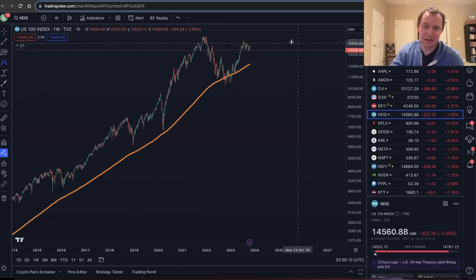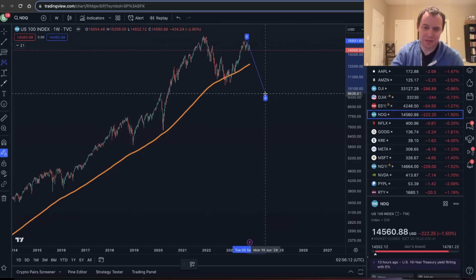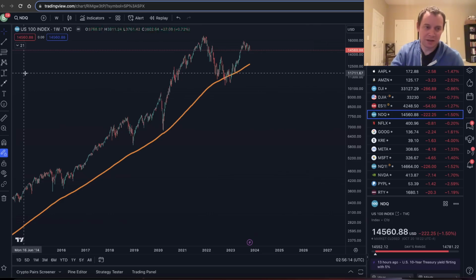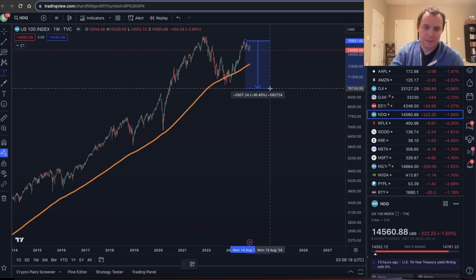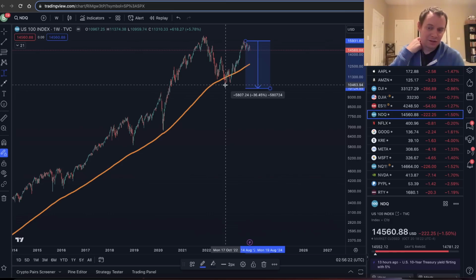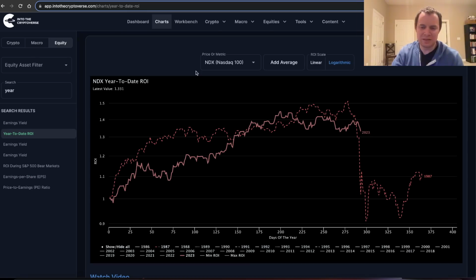If the NASDAQ were to drop 36% from these highs, that puts it at a new low. So yes, if something like that were to happen, I think the Fed would pivot a lot sooner than people think they would. And if that's the case, then the bond market would actually become a great hedge against the S&P 500.